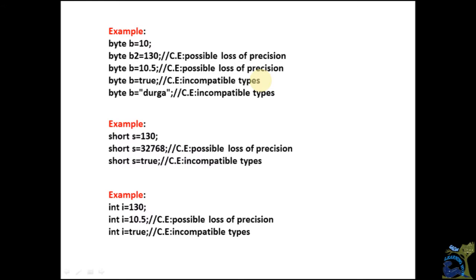For example, int i is equal to 130 is fine. Int i is equal to 10.5 is a possible loss of precision, because the minimum value of int is minus 2147483648. And the next example, int i is equal to a string, is an incompatible type. That is the problem.